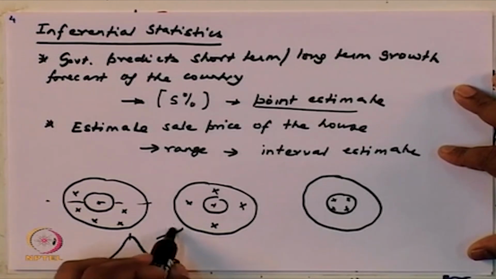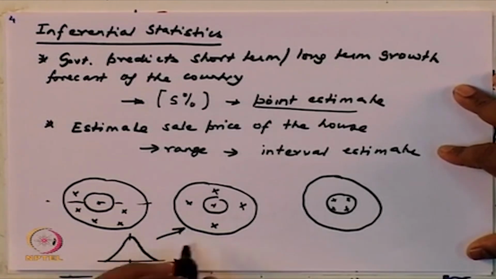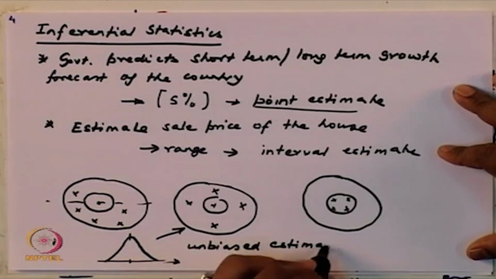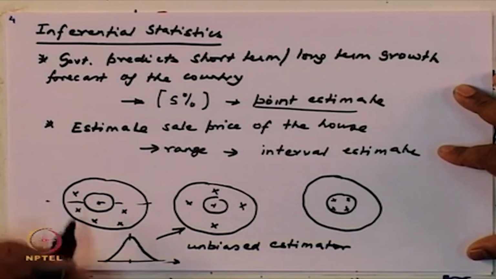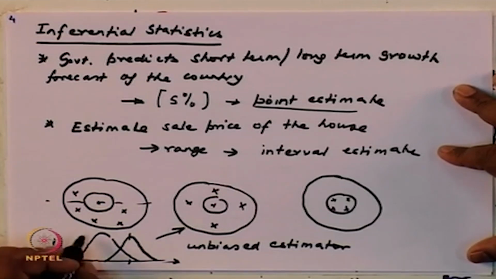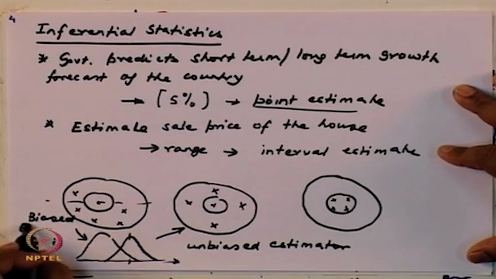This kind of an estimator is an unbiased estimator. In the example we have drawn here, most of the times your values are underneath the true value. So this is an example of a biased estimator.